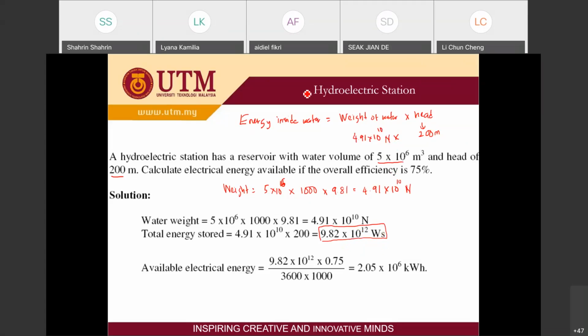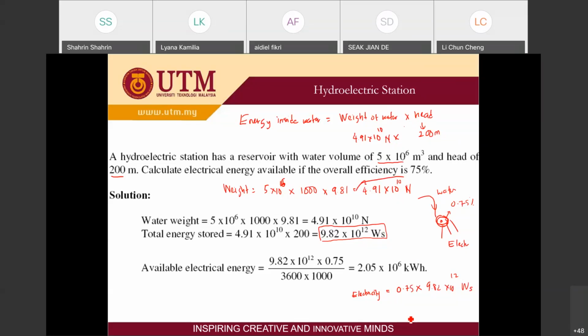So that is inside the water. But when it is converted into electrical energy, this is the water, and this is the turbine. The turbine has an efficiency of 0.75. So the electrical energy produced is 0.75 multiplied with the energy from the water, which is 9.82 times 10 to the power of 12 watt second.